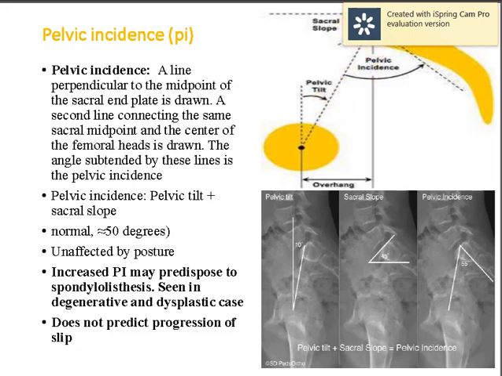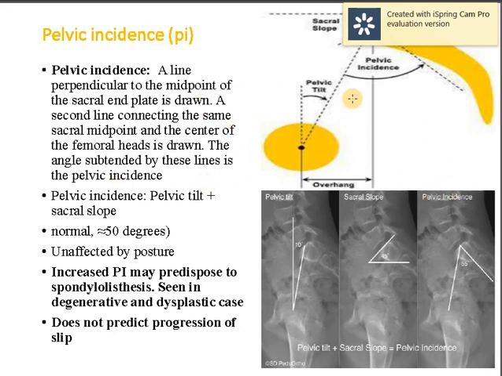This is the pelvic tilt. This is the pelvic incidence. So pelvic incidence is calculated as the pelvic tilt plus the sacral slope. Normal is 50 degrees. And an increased pelvic incidence may predispose to spondylolisthesis. It is seen in degenerative and dysplastic cases.